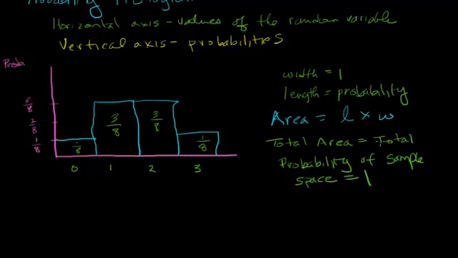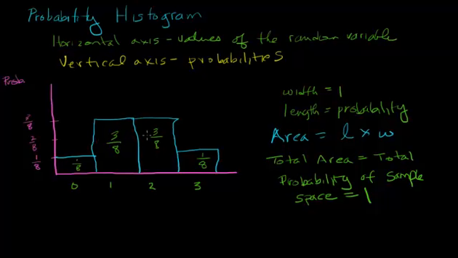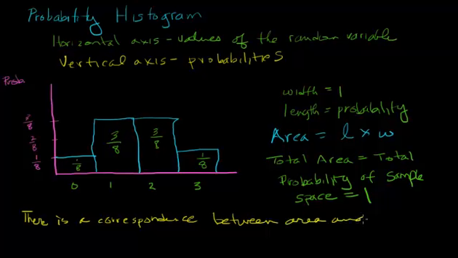Okay, so we know the sum of the probabilities of the sample space must equal 1, and now we see that the sum of the area in the histogram must equal 1, because there is this correspondence between area and probability. Very important concept here. Okay.